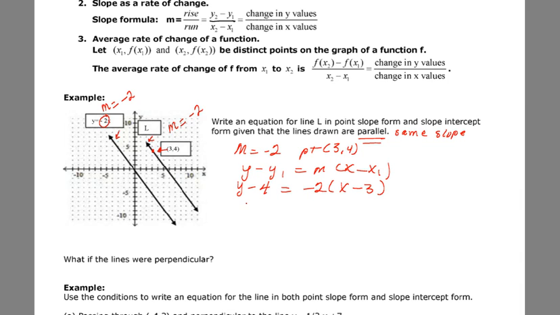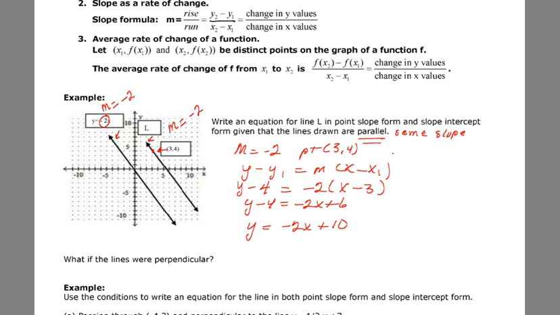And we can clean that up. It's just y minus 4 equals -2x plus 6. And if we wanted to transfer the 4 to the other side, if we add 4, we'll get y equals -2x plus 10. The two forms for the equation of a line.